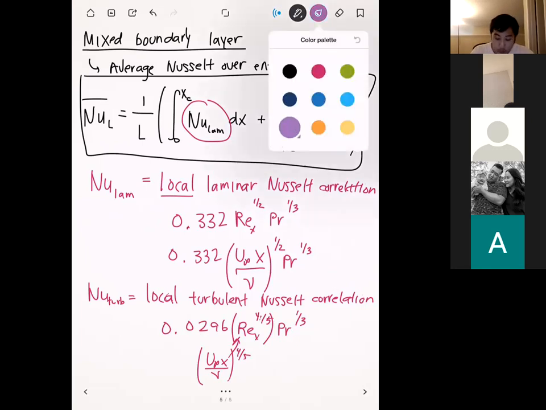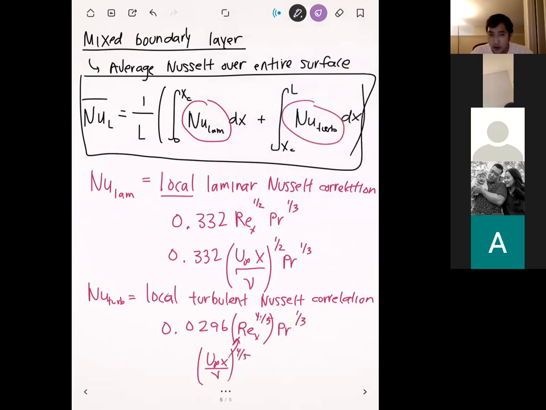And so remember, when you're using this formula here, you have to plug in the local Nusselt number correlations, right? Otherwise it's not going to work. And then xc, I'll write out the formula for xc on the next page, but xc is basically going to be the location where we transition to turbulence.